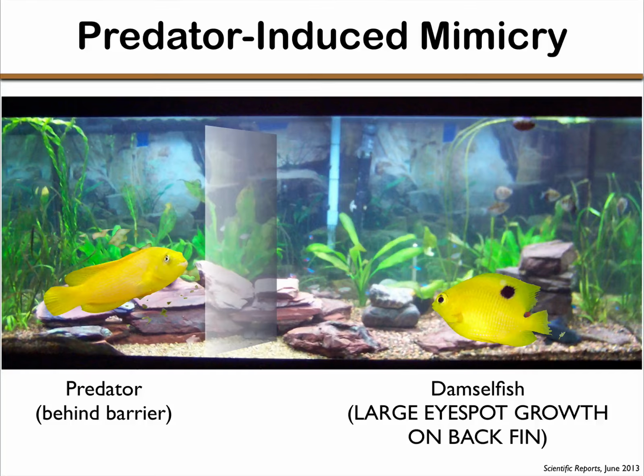That other fish is behind the barrier, and there's our damselfish, and notice that as it detects the presence of the predator, because it can see it through the barrier, and there are chemical substances the predator is emitting, not really pheromones, that are also detectable by the damselfish, the eye spot on the damselfish grows and grows larger.